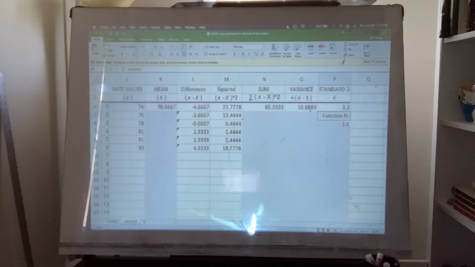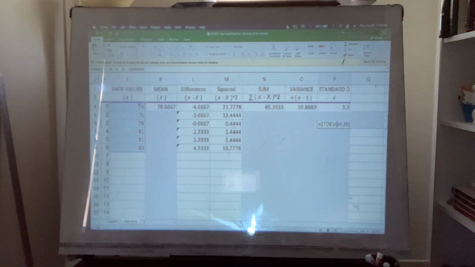Now, down here you see the function, 3.6, right? That's the standard deviation of a sample, I want to say. If you just took the data from where it was originally located and typed in STDEV, it'll calculate standard deviation.